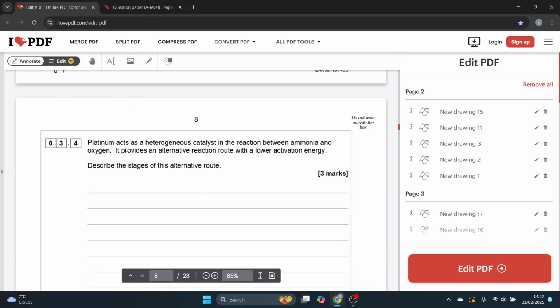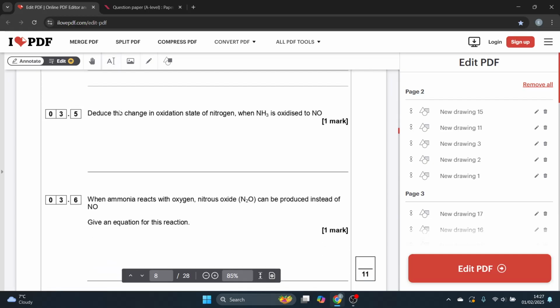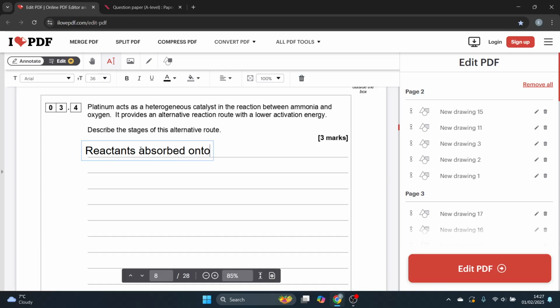And question 3.4, platinum acts as a heterogeneous catalyst in the reaction between ammonia and oxygen. Now, I haven't actually gone through this, but it is part of the question, so I'll just see what the mark scheme says. So, reactants absorbed onto the platinum surface.